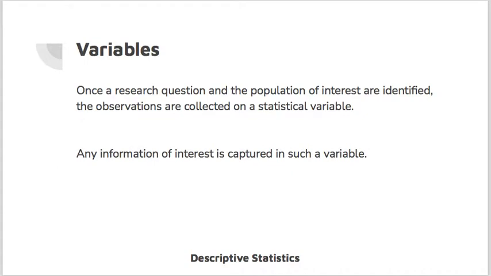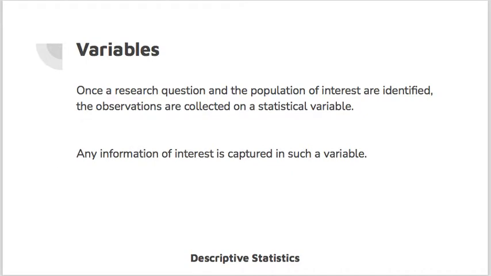Any information of interest is captured in such a variable. To put it simply, any phenomenon or any aspect of measurement which is able to vary is a variable. This is just a simple definition.